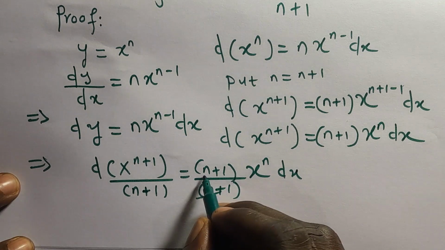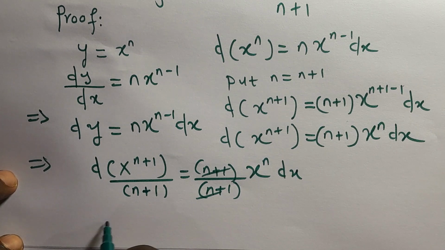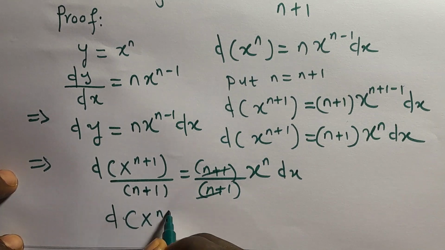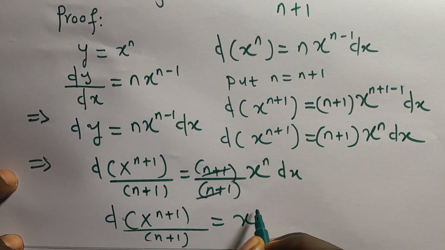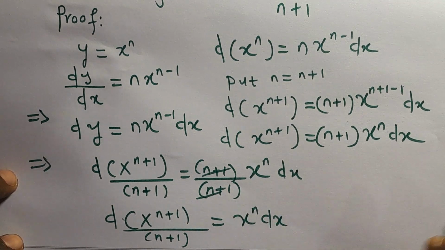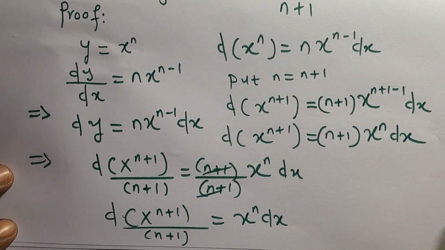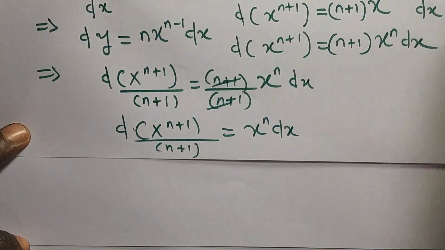We believe that this will cancel this out. So what we are going to have is d of (x raised to n plus 1 divided by n plus 1) will be equal to x raised to n dx.